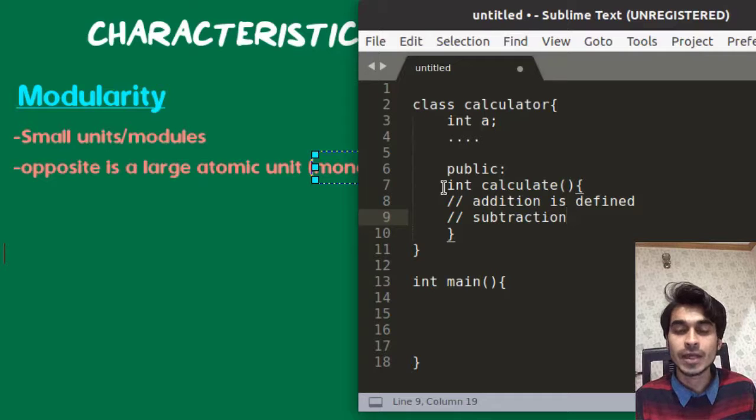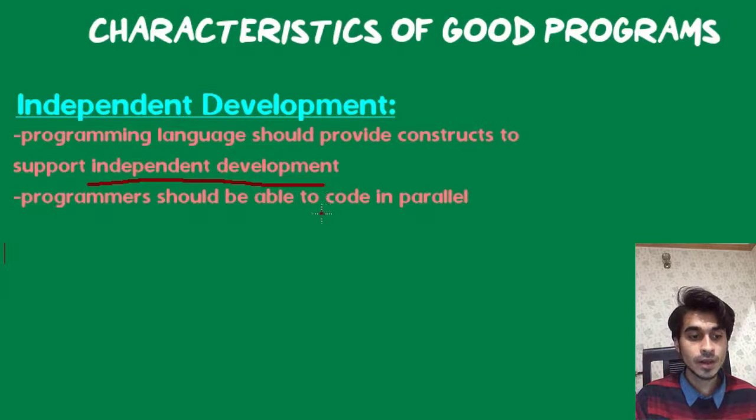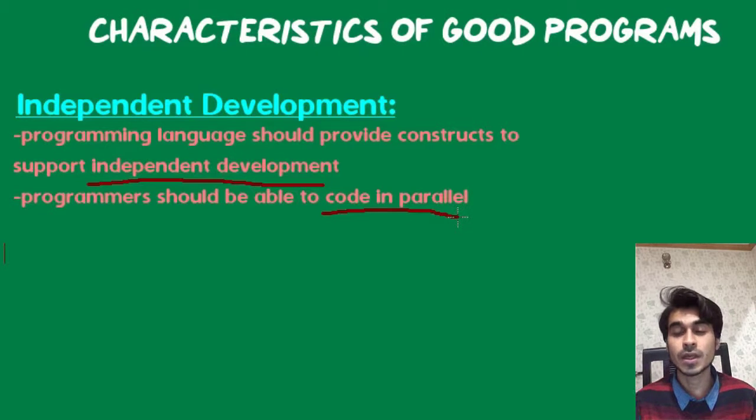A good programming practice, as explained in the previous example, should have different functions and each of them should have a distinct task that is independent of other functions. Independent development means the programming language should provide constructs to support independent development, and programmers should be able to code in parallel.